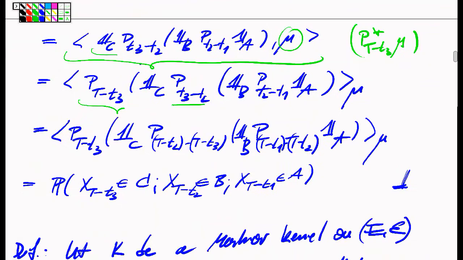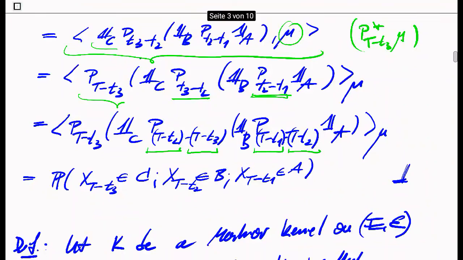Namely, finally we replace these differences of T3 minus T2 and T2 minus T1. We can write them equivalently as a capital T minus T2 minus a capital T minus T3, and likewise, we can write this difference as a difference of a capital T minus T1 minus a capital T minus T2.